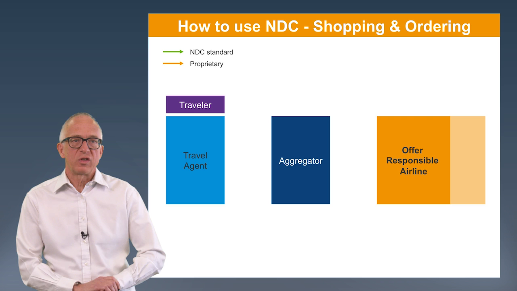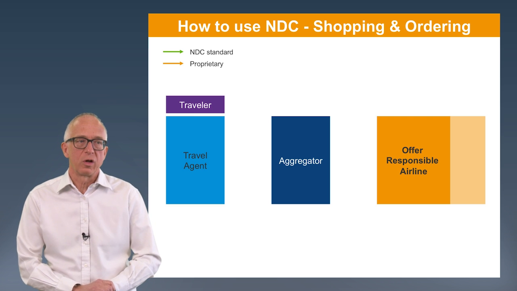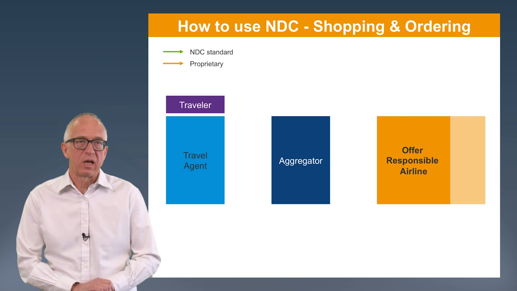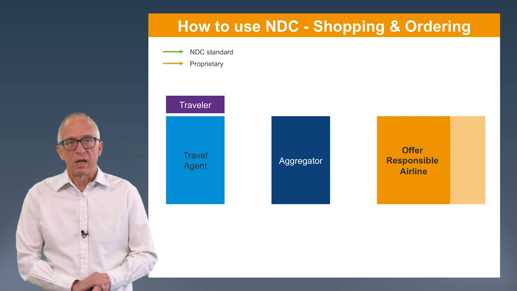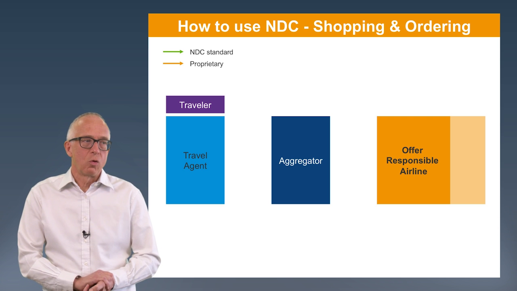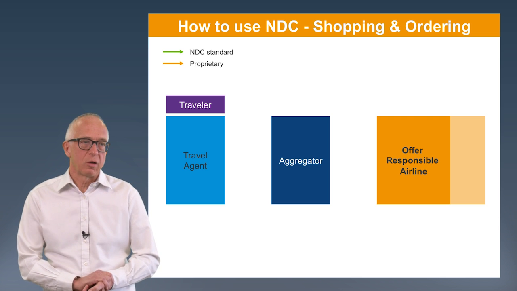The aggregator is essentially a technology supporter to the travel agent, and we'll see how they help the travel agent in this respect. But the critical point about NDC is that all offers for travel are raised directly by airlines and not by intermediaries. So how does it all work, and what needs to be done first of all?